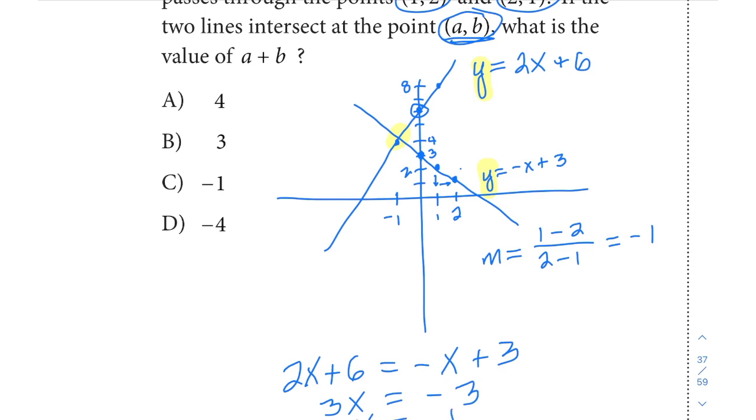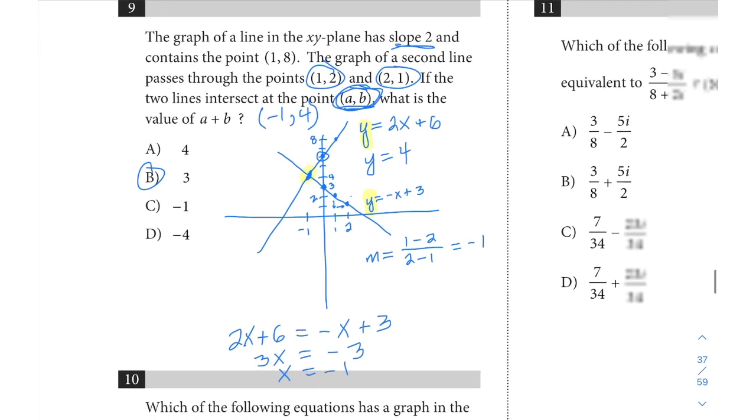We get x equals -1, which is about what it looked like, but we didn't want to guess. We wanted to confirm. When x is -1, you could plug that back into either equation, and that would give you -2 plus 6, which is +4. So now we know the coordinate for a and b is (-1, 4), and when we add those together, we get 3 as our result.